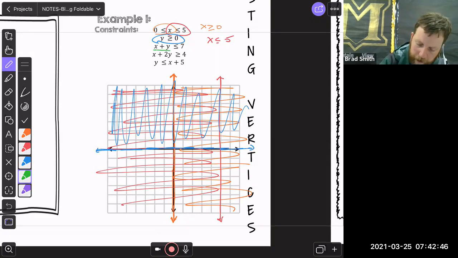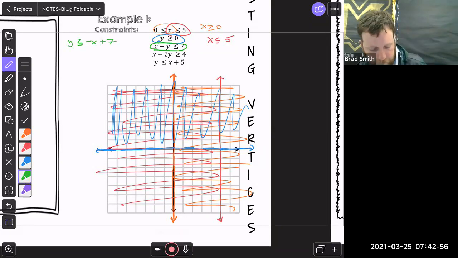All right, here, x plus y is less than or equal to 7. If I solve this for y, I have y is less than or equal to negative x plus 7. I'll move that x to the other side. That puts it in slope intercept form so I can graph it. So I'm going to start up here at 7. 1, 2, 3, 4, 5, 6, 7.